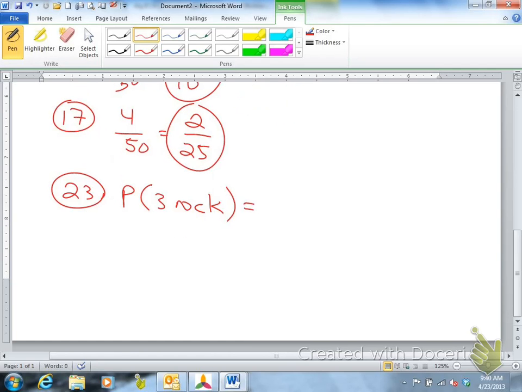Number 23, we did a similar question in our class notes, so it's always good to refer to the class notes to see how we do a homework problem. 12 CDs are rock, 8 are jazz, 5 are classical, so you have 25 total CDs, and Bob is picking randomly 3 rock CDs, probability of 3 rock CDs. Well, he has 12 CDs that are rock, he's choosing 3 of them, the order doesn't matter, and it's divided by 25 choose 3.